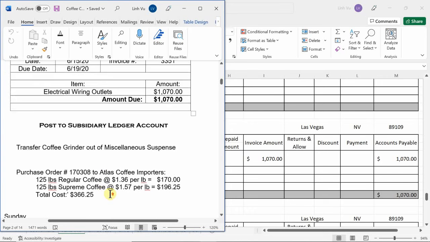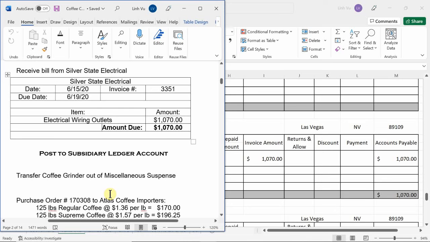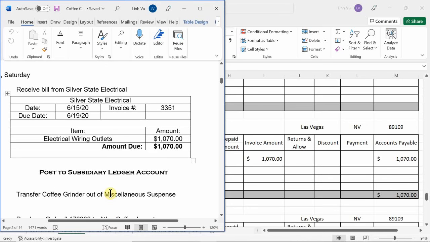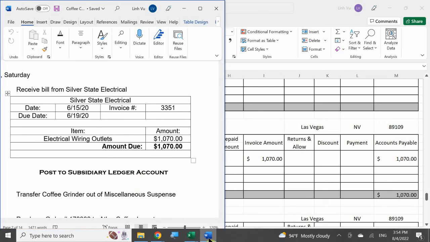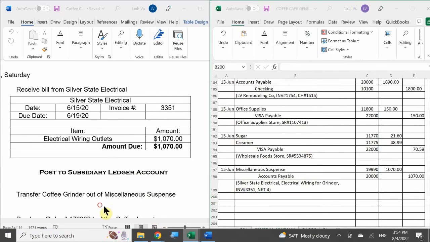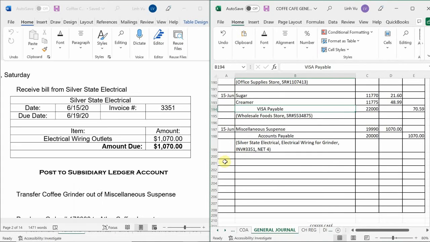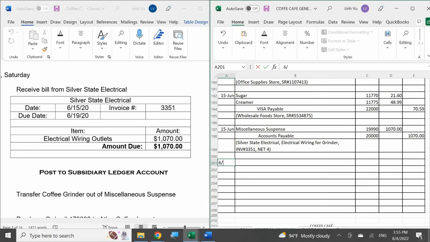Okay. So then let's see. We need to transfer the coffee grinder out from miscellaneous expense. So now my coffee grinder is finally ready to be put into service. Yeah. So our accounts would be coffee grinder and miscellaneous expense. All right. So we're going to take it out from my miscellaneous expense and put it into my actual coffee grinder account.